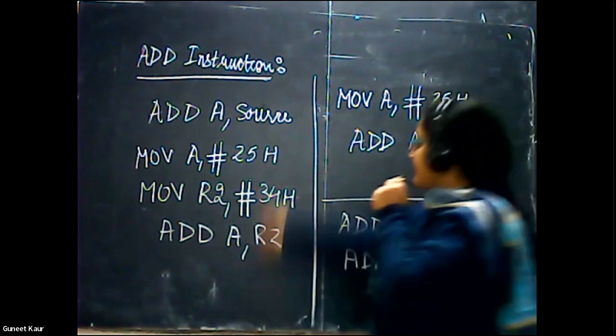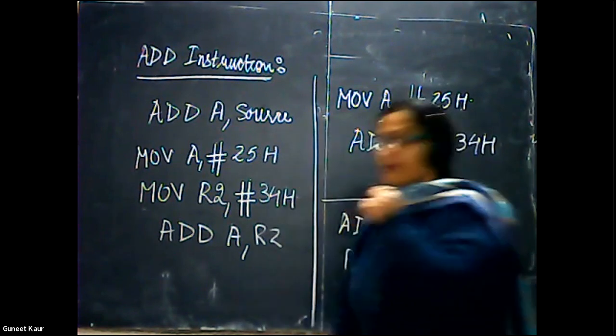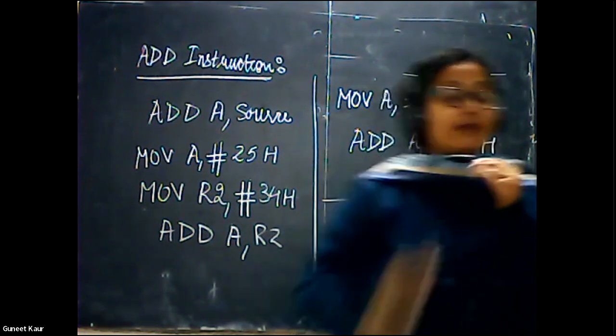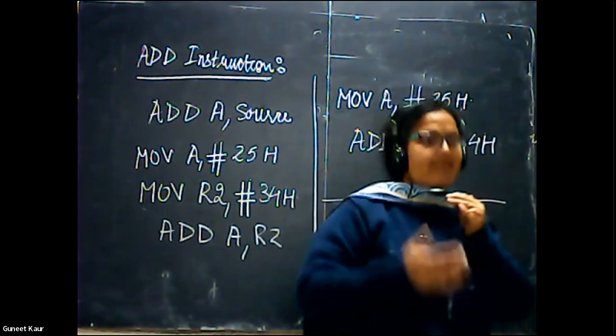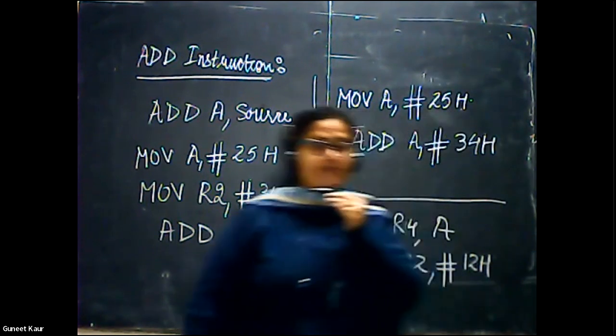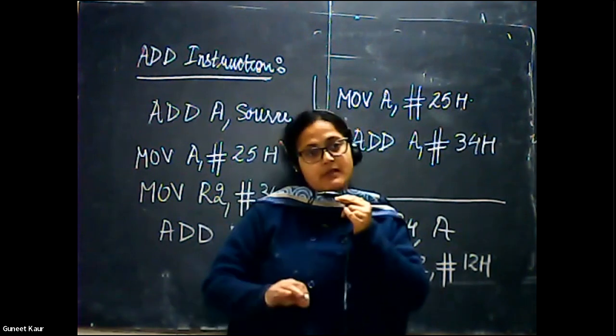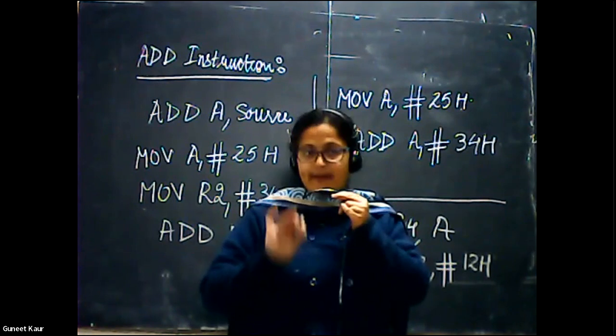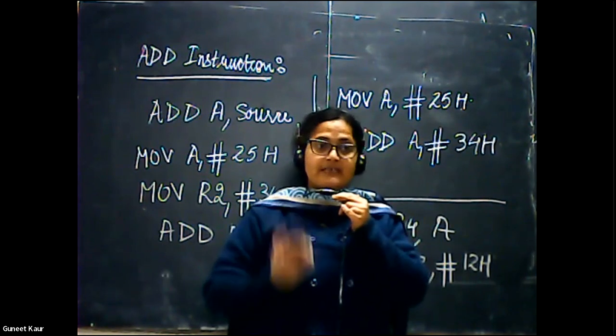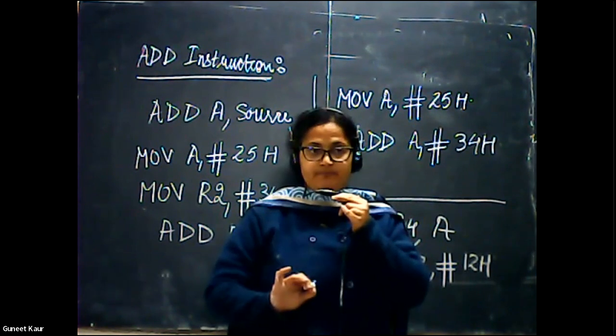So it will be written as add A comma source. This is the format in which we can write our add instruction. And always the accumulator will be the destination. In any arithmetic operation, destination will always be your accumulator.